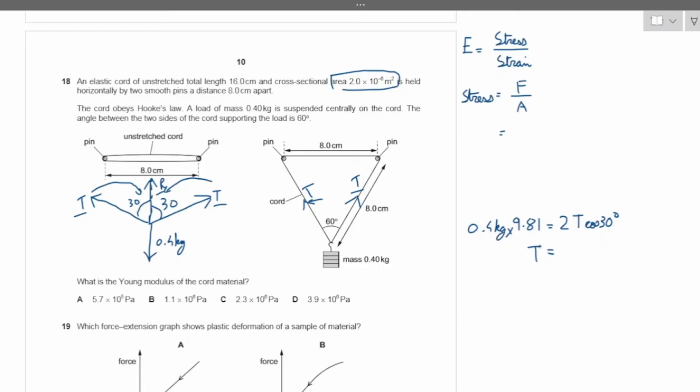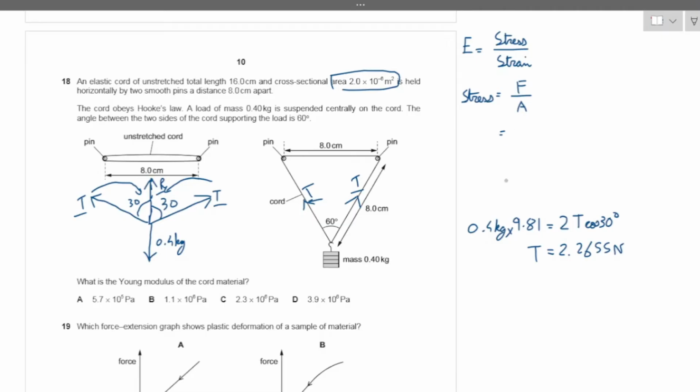So you've got this equation, now you simplify it. 0.4 × 9.81 is equal to 2T cos 30 degrees, and you would get your force as 2.2655 newtons. That should be enough.